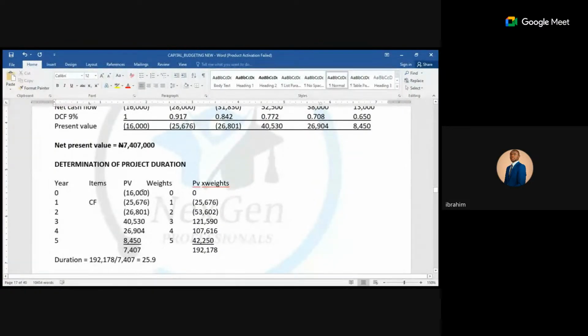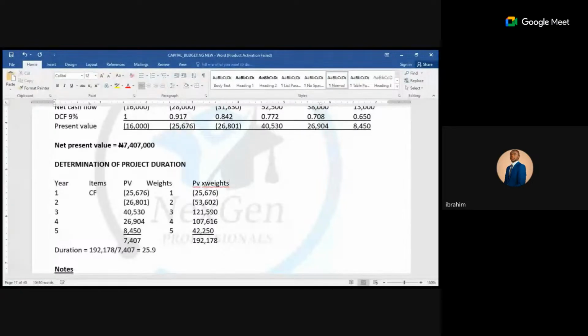This one will not be part of it. It's the cash flow. Year 1, year 2, year 3. There is no year 0. So this is 8. When you add this together, 25 plus this minus this plus this plus this plus this, what do you have? 23,407.